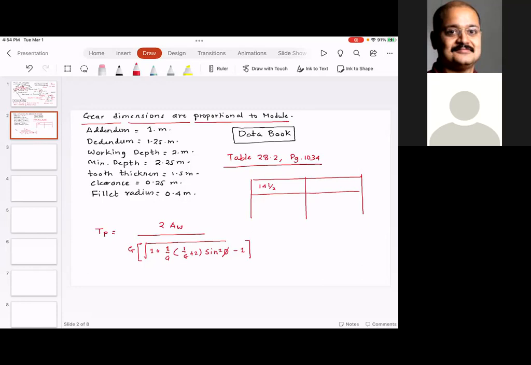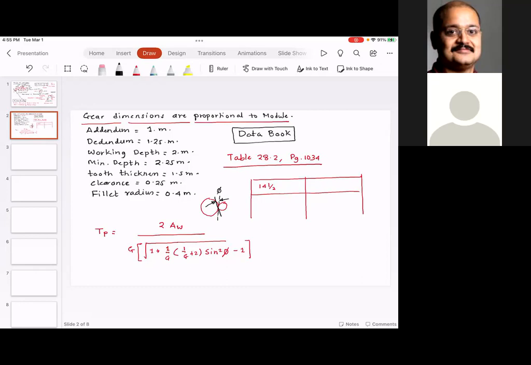If you have two gears meeting, for friction wheels the force would be in a straight line, but since the gears are cut, you will have a certain angle, and this angle is called the pressure angle. So this is the pressure angle phi.